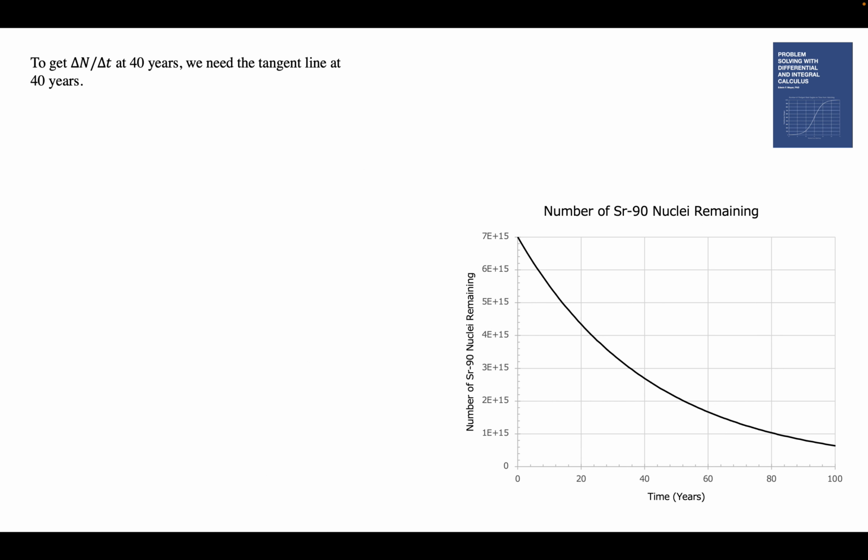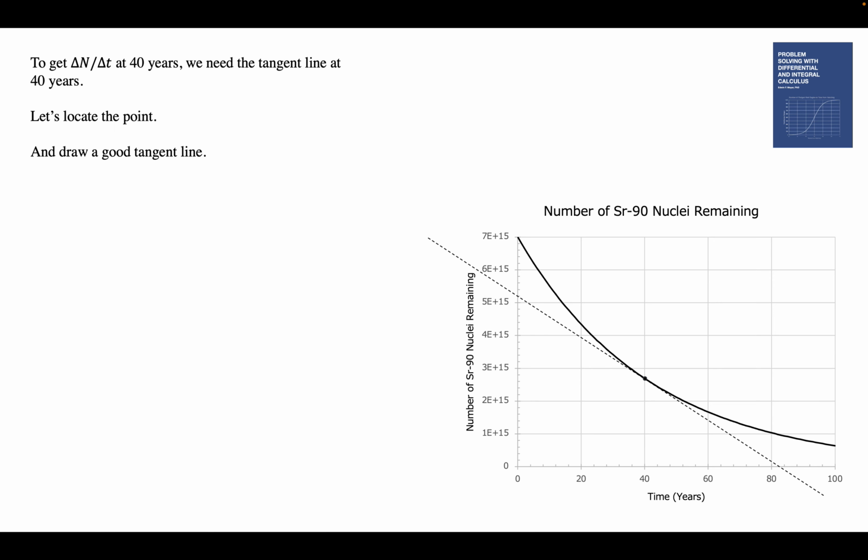How do we do that? We need the tangent line at 40 years. So locate the point. It's right here. Draw a good tangent line right there. And then it's dropping. That's 5.2, 5.4, up to 6, so that's 5.2 times 10 to the 15th.